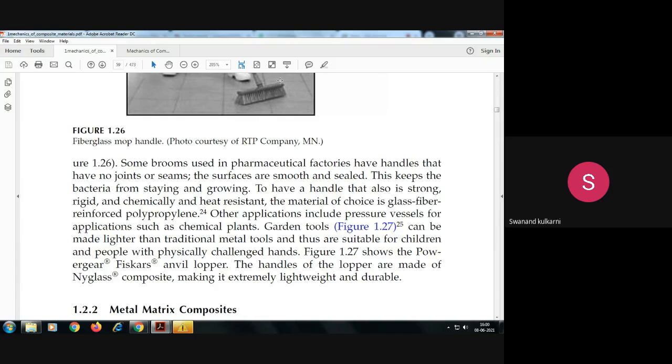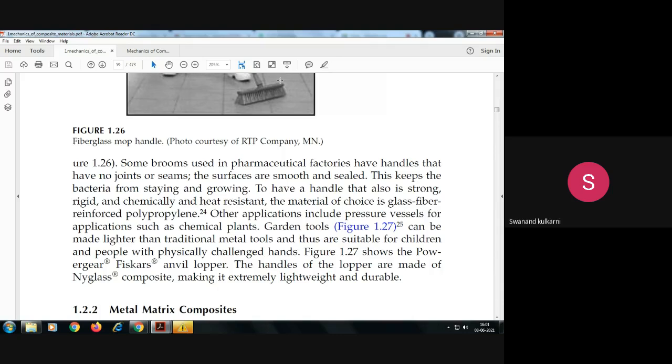So we started with aircraft. In aerospace, how there are applications of composite materials. Second, we have seen the application area in the space shuttle system. Third one, we have seen the applications in the sporting industries. Then fourth one, we have seen the applications in medical device manufacturing or medical fields.